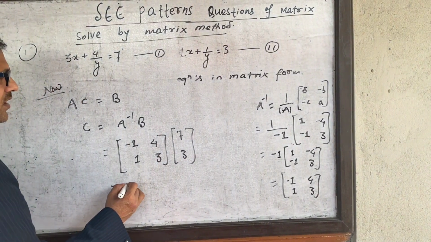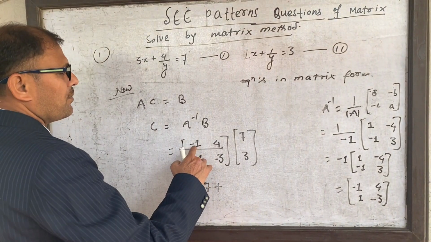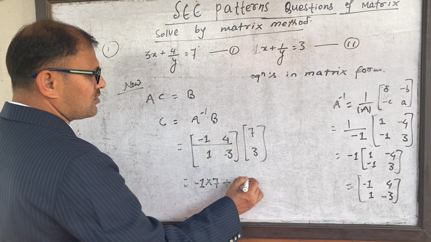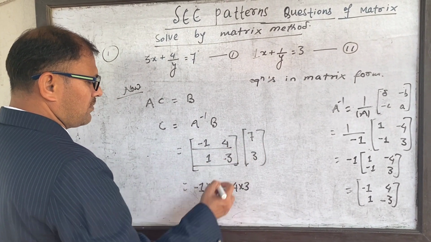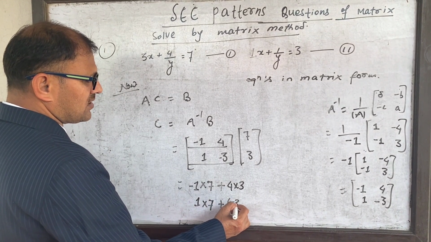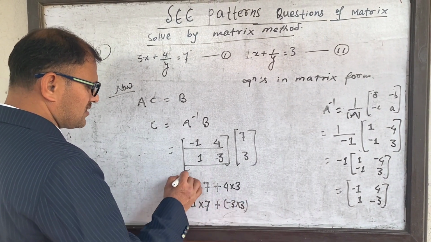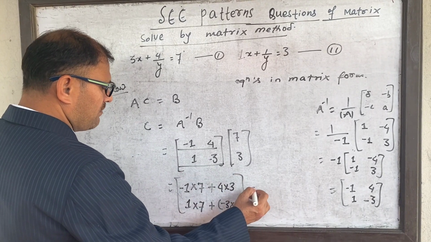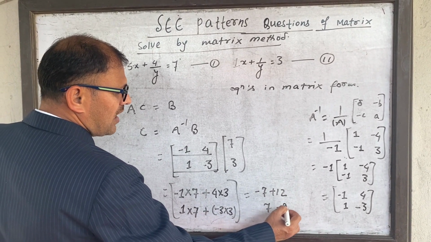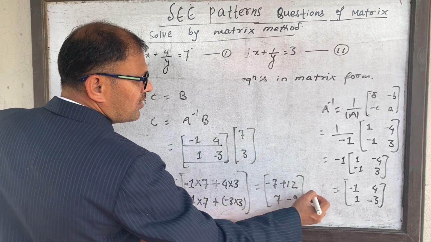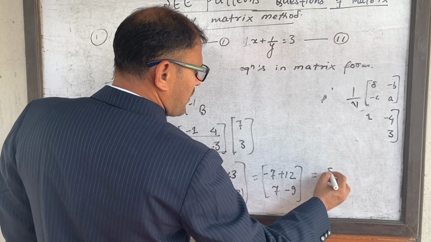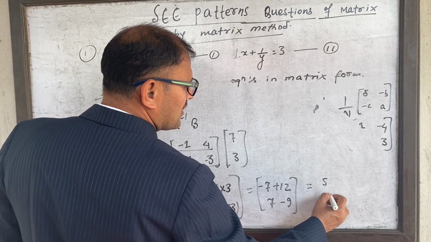Row into column means minus 1 into 7 plus 4 into 3. Again row into column, that means 1 into 7 plus minus 3 into 3. That became minus 7 plus 12, 7 minus 9. This is minus 5 and minus 2... no, 5 and minus 2.